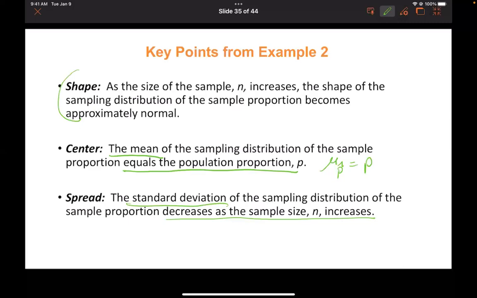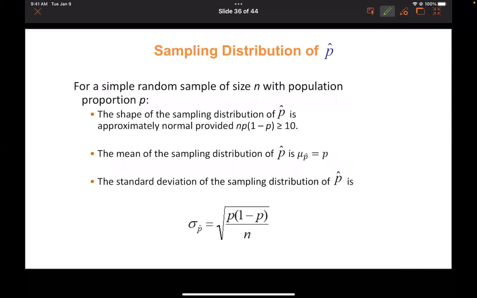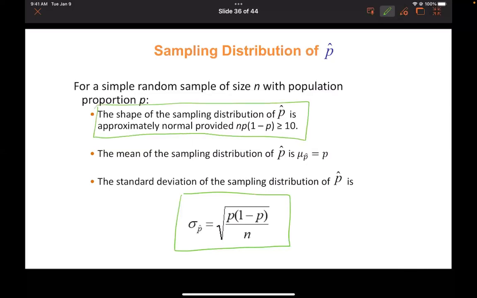Okay. This is how we find the standard error, or the standard deviation of our sampling distribution. This formula right here. The P that we are using is the population proportion. Now, we are approximately normal if np times 1 minus p is greater than or equal to 10.